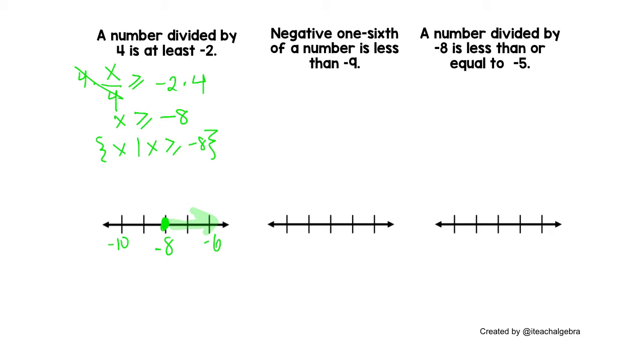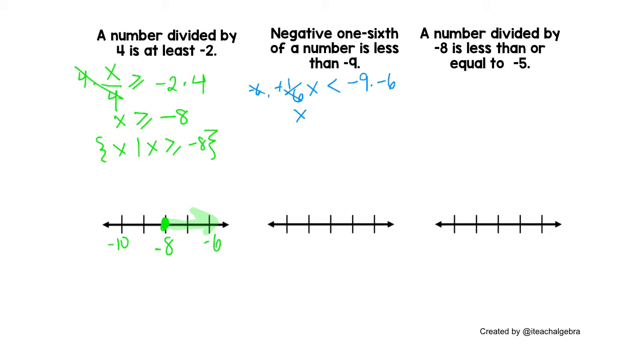Two more. -1/6 of a number is less than -9. So if we want to get x alone, we're going to multiply by the reciprocal, which is -6, on both sides. -6's cancel, and I'm left with x.